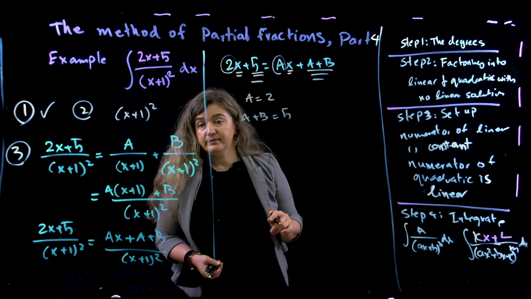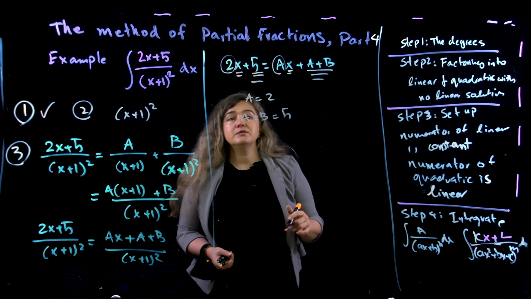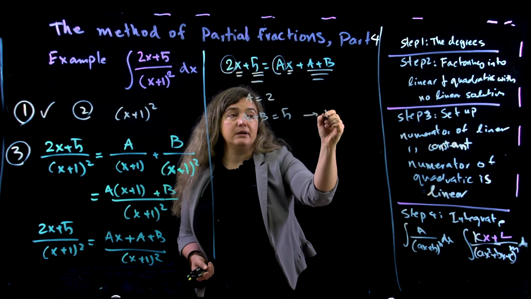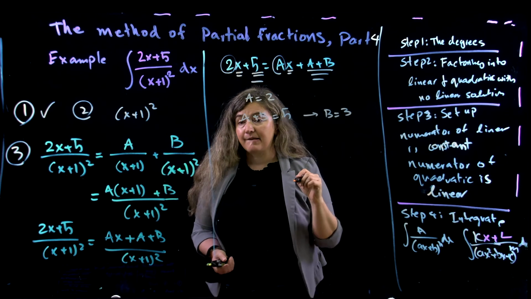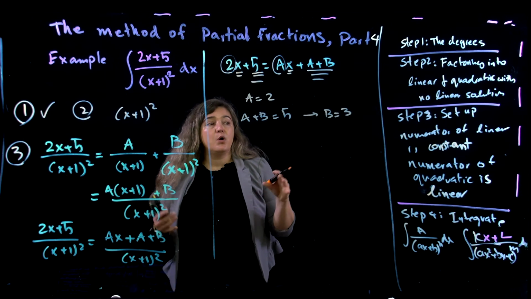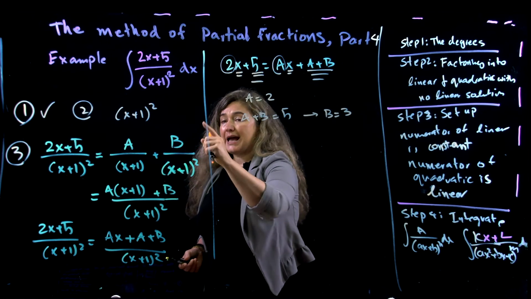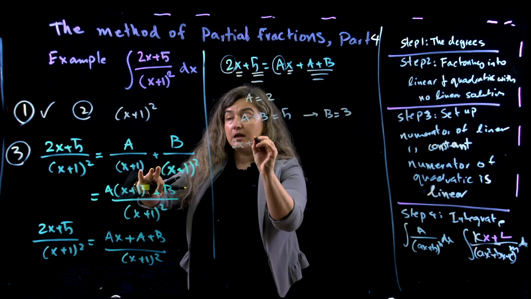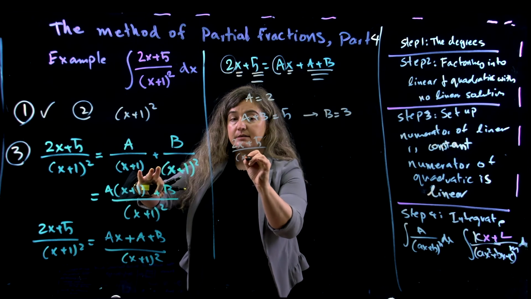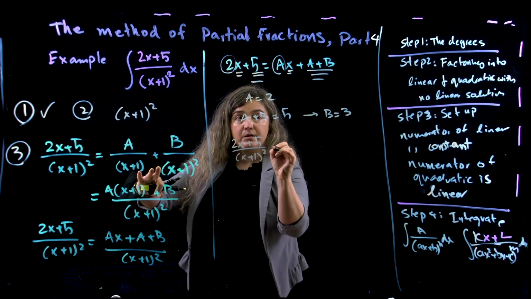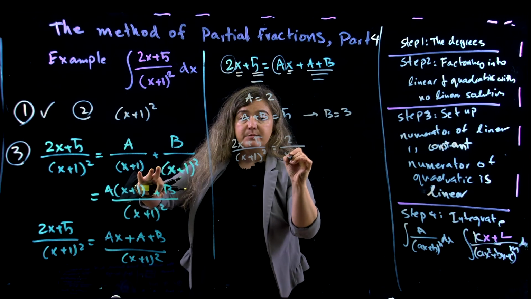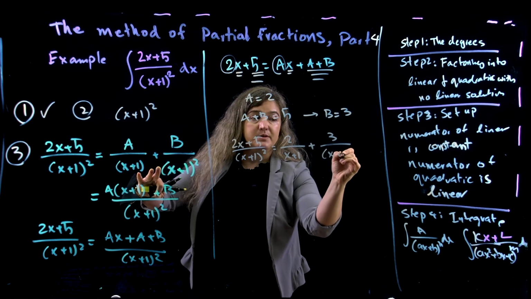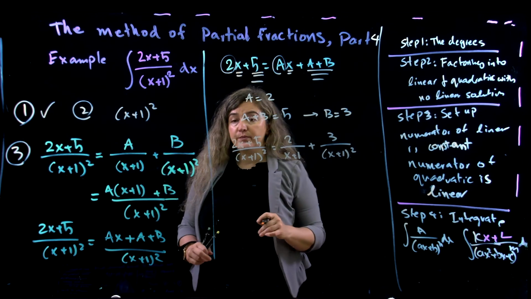And so this solves for a equal to 2 and b equal to 3. So now, going back in here, my integrand is going to look like this: 2 over x plus 1 plus 3 over x plus 1 to power 2.